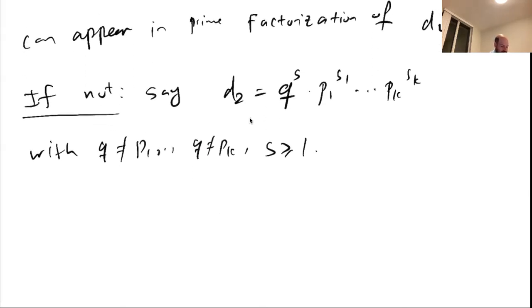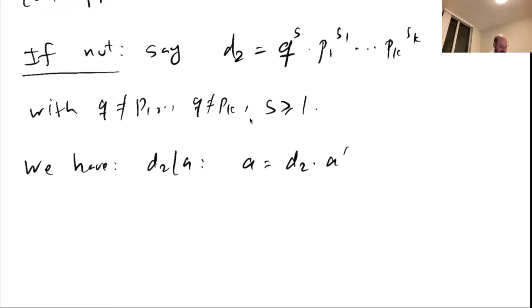Why? Because if you look at D2, what do we have? We know that D2 divides both A and B. We have D2 divides A, so that means A is equal to D2 times some number A prime, for example.